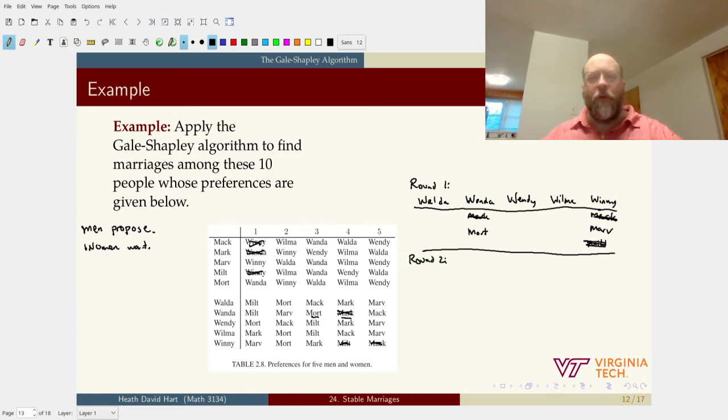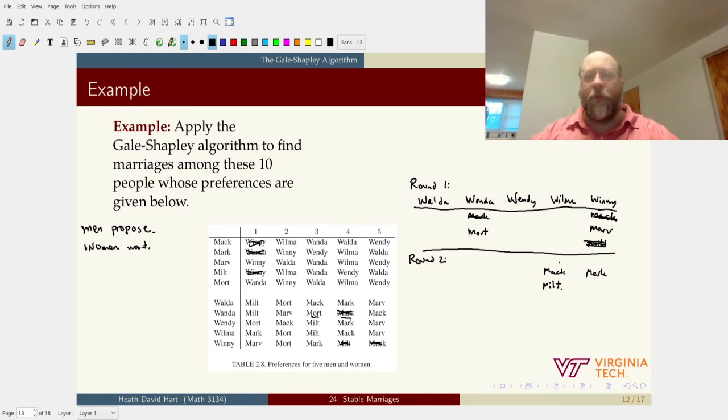So in round two, those three stags, Mac, Mark, and Milt, have to propose to their second choice. So now Mac lines up next to Wilma. Mark lines up beside Winnie. And Milt lines up beside Wilma. All right, so Wanda only has one person in front of her from round one, and so nothing changes here.